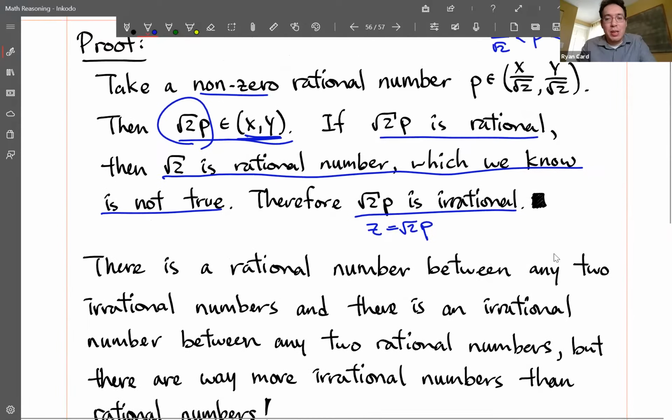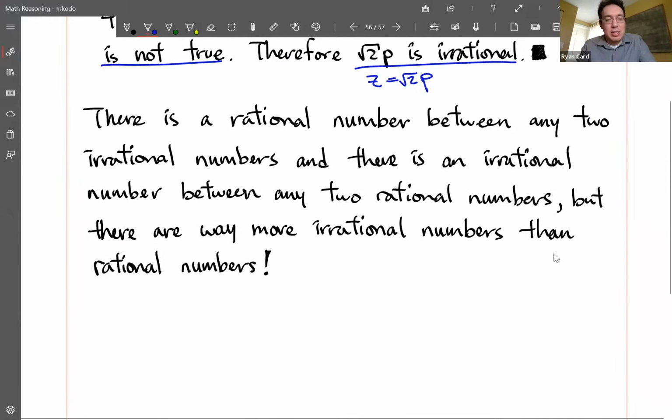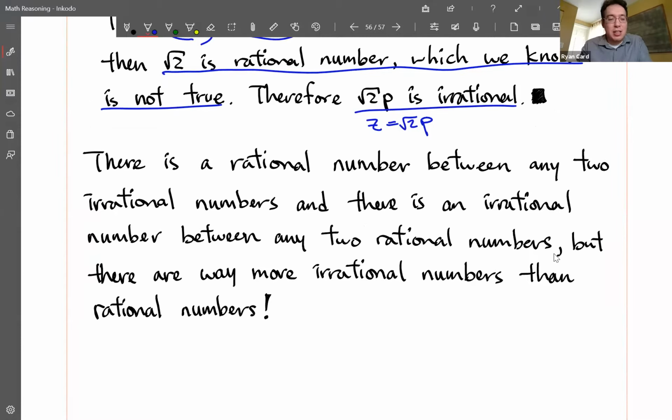So density and the size of the set are not on equal footing. I guess that's what I wanted to say.